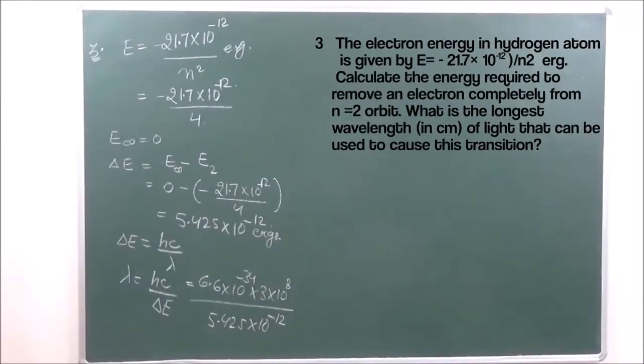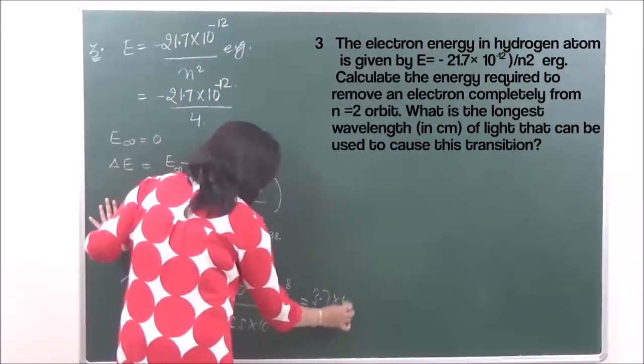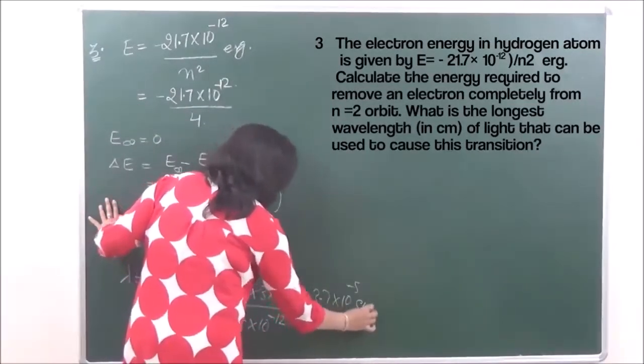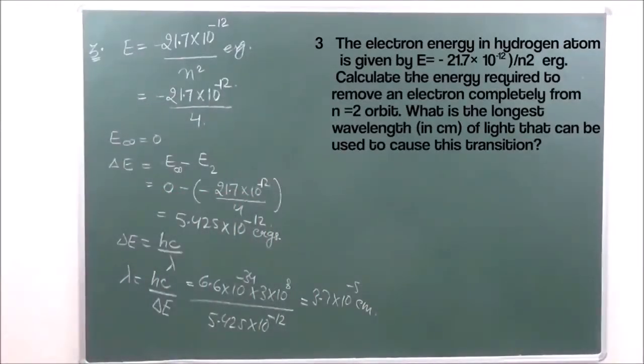Okay? That is lambda. So lambda when calculated comes to 3.7 into 10 raised to power minus 5 in centimeters. 3.7 into 10 raised to power minus 5 centimeters.